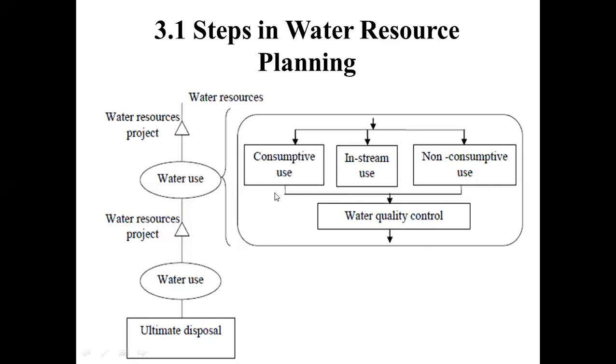Once checked, they are sent to the water resource project, and this cycle is repetitive. So the important thing in this flowchart is the different categories of uses of water: consumptive, in-stream, non-consumptive.